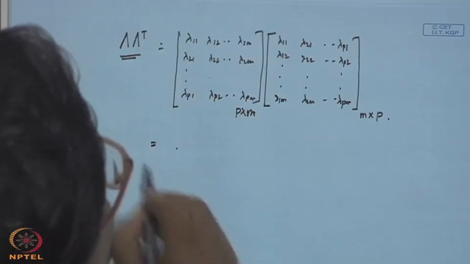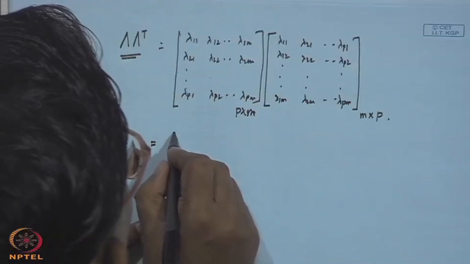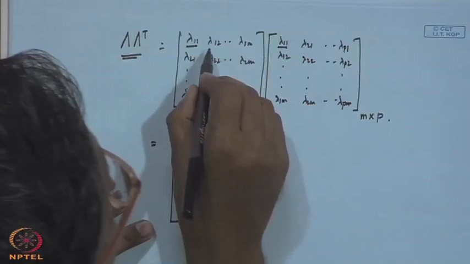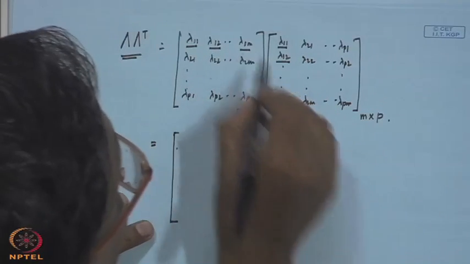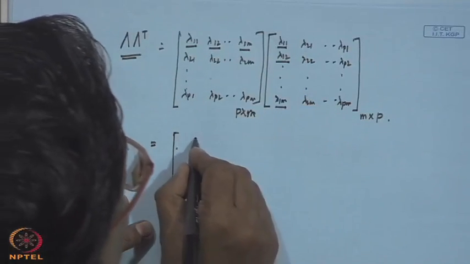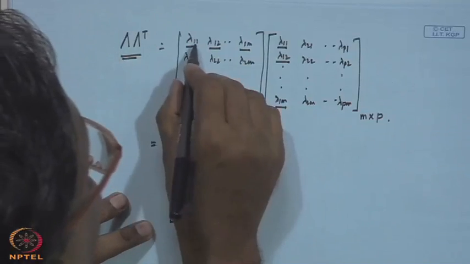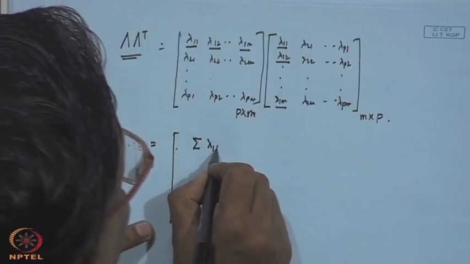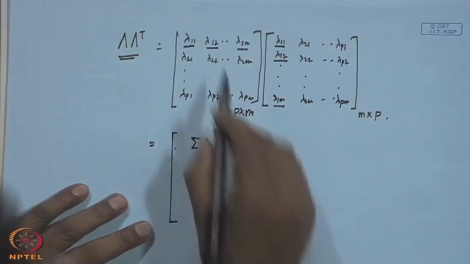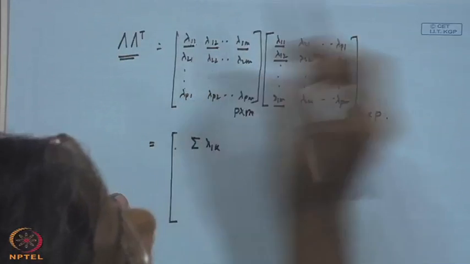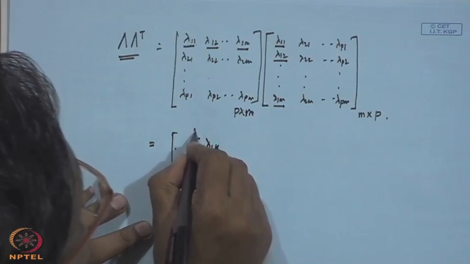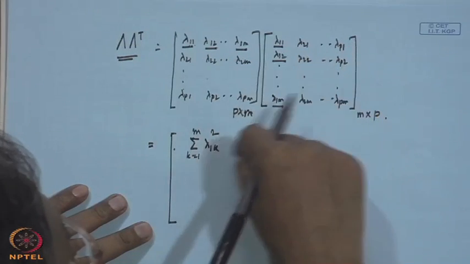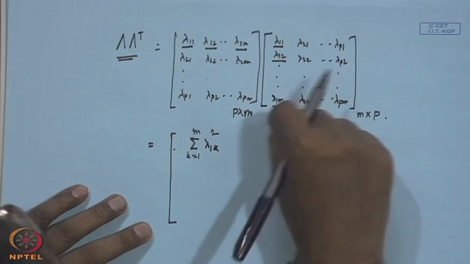So, if you just multiply the matrix, lambda 11 into lambda 11, lambda 12 into lambda 12, lambda 1m into lambda 1m. What is changing here? This 1 remains constant, but k is changing from 1 to m, the factor is changing, and this is squared: lambda 11 square plus lambda 12 square plus lambda 1m square, like this.